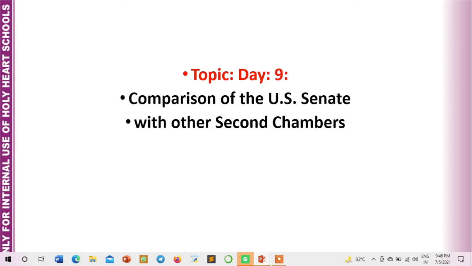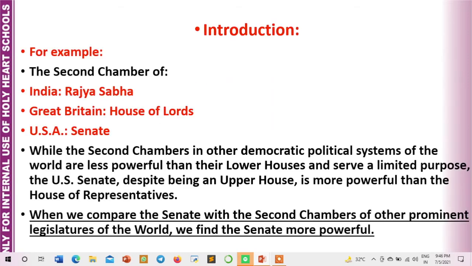Now I will come to the day 9 topic, that is comparison of US Senate with other second chambers. Now I will give an example of the second chambers of the world. Like Indian second chamber is called the Rajya Sabha, Great Britain second chamber is called the House of Lords, and US second chamber is called the Senate.